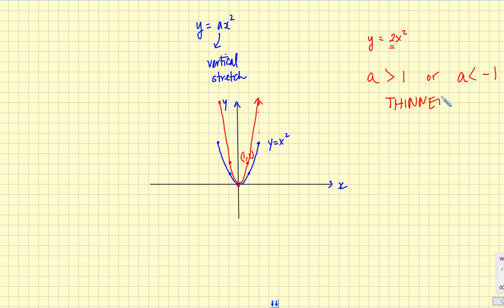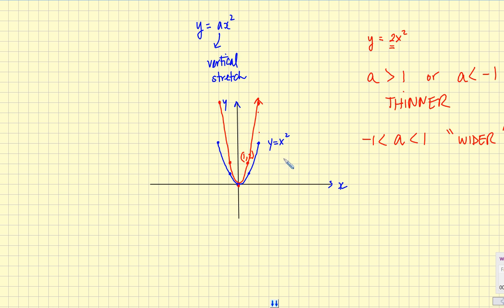It's going to stretch vertically and become thinner. If your value of a is between -1 and 1, well, your graph gets wider with respect to, obviously, the y equals x squared graph.